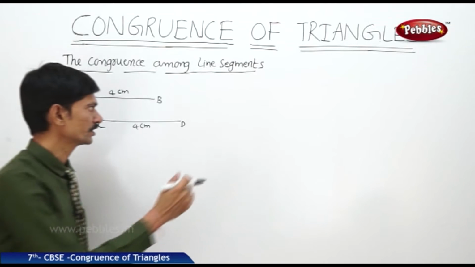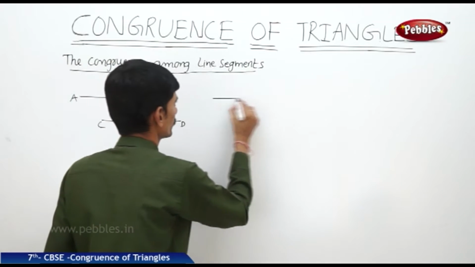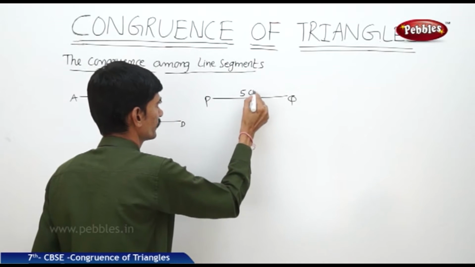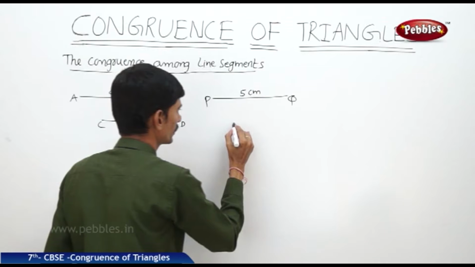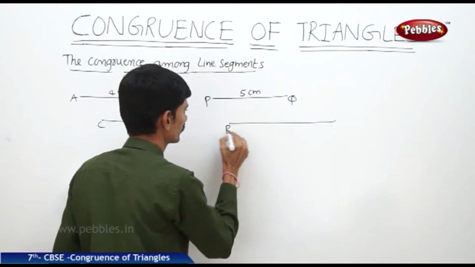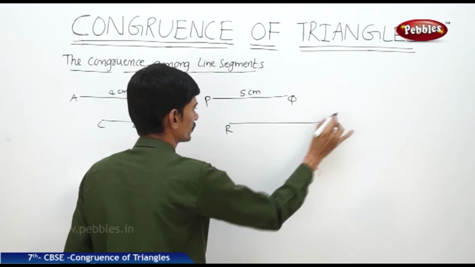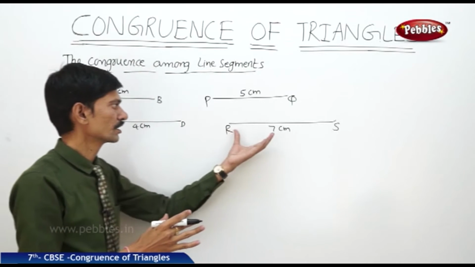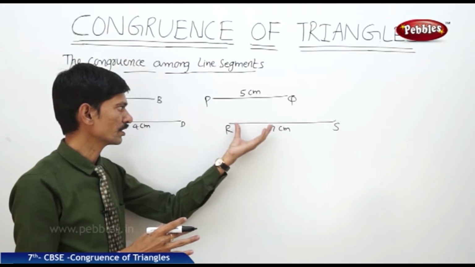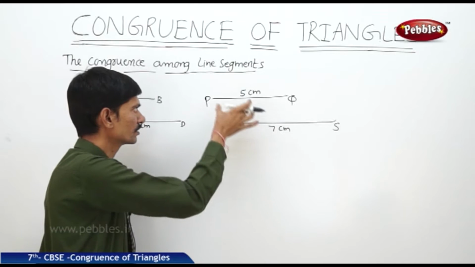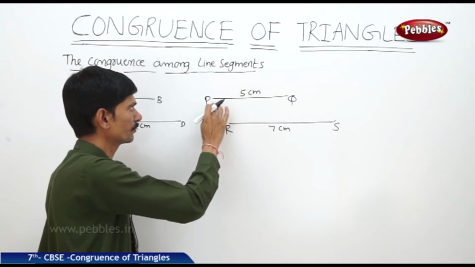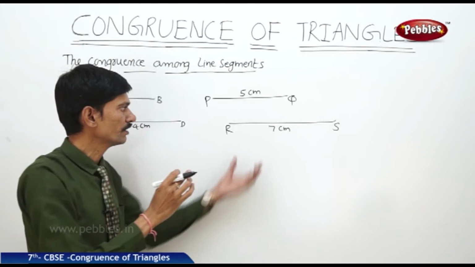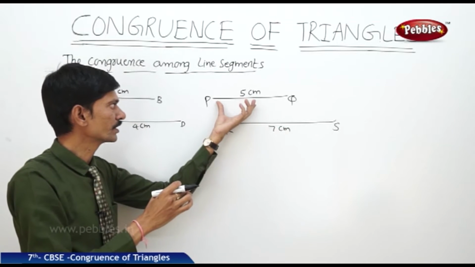Now if you take another line segment PQ of length 5 centimeters and another line segment RS of length 7 centimeters, then here also take the trace copy of the second line segment RS and place it on the first line segment PQ such that P and R coincide with each other, and RS is along PQ.